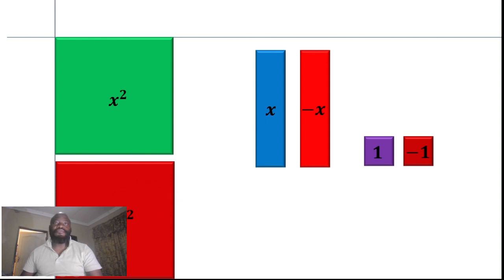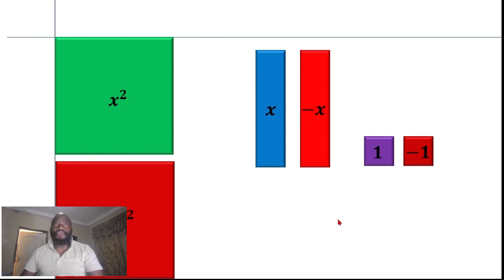So when you see a red big square, we know that's negative x squared. When you see a red rectangle, we know that's negative x. And a red little square gives you -1. So if we have -6, we will have 6 of these. If we have -2x, we will have 2 of these red ones, and so on.